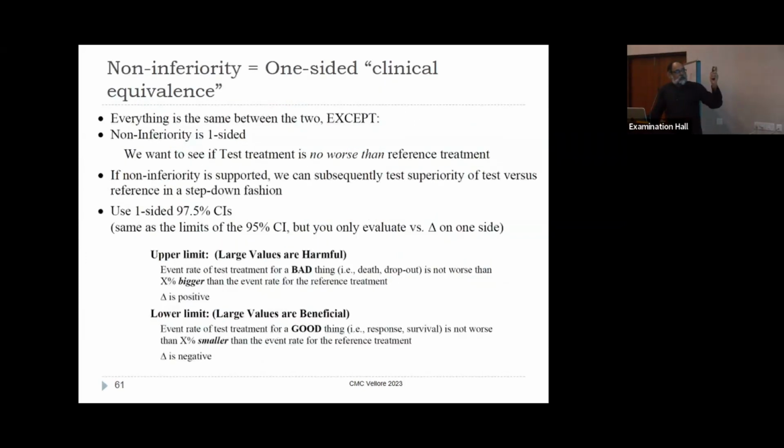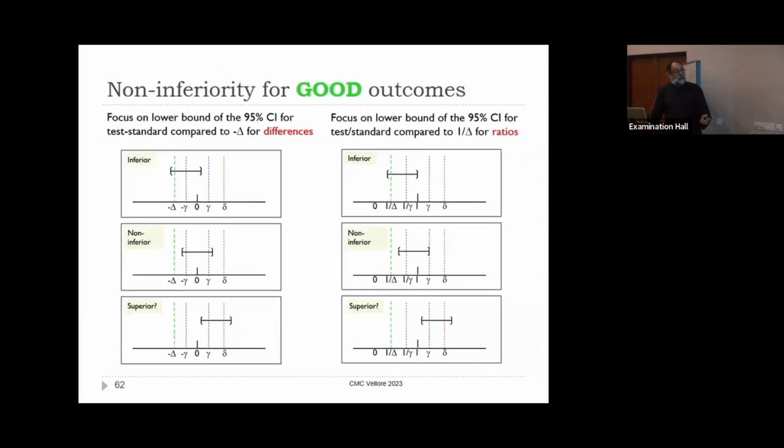So we talked this about already. So this is just another way of saying what we've just said. And this is a more detailed graph that if you have a good outcome, you focus on the lower bound and you don't want to have it go beyond this on this side. And this would be where you have it be inferior.